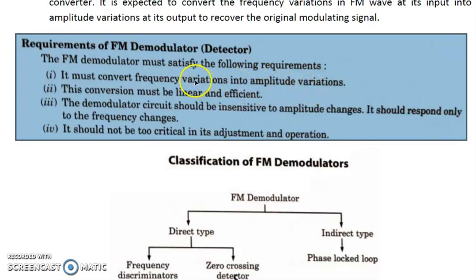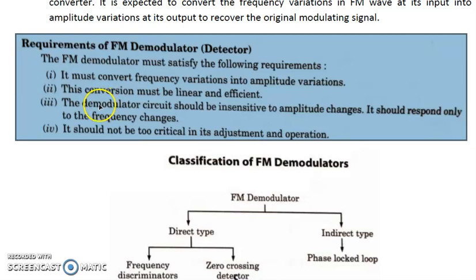That is why it may be called a frequency to amplitude converter. The second is that this conversion of frequency variation to amplitude variation must be linear and efficient. It means that for the modulated signal where the frequencies are greater, the output amplitude should be greater.